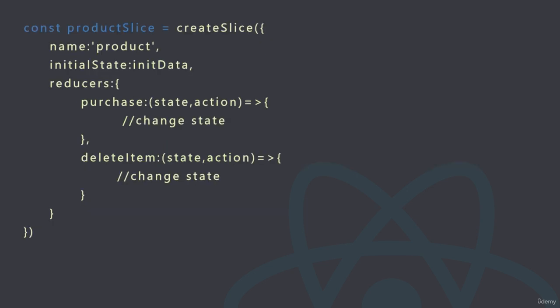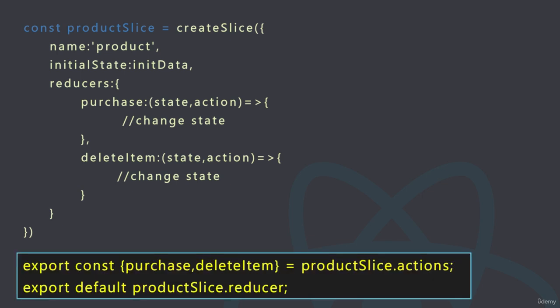For example, in this case, you can export the purchase and delete item by saying productSlice.actions, because the productSlice is the object we created with createSlice. So that will have all the actions, and we are destructuring those actions into the respective items, that is purchase and delete item.